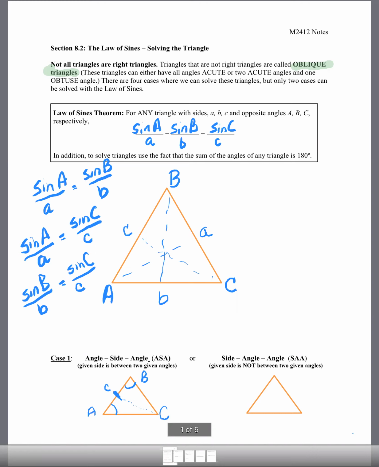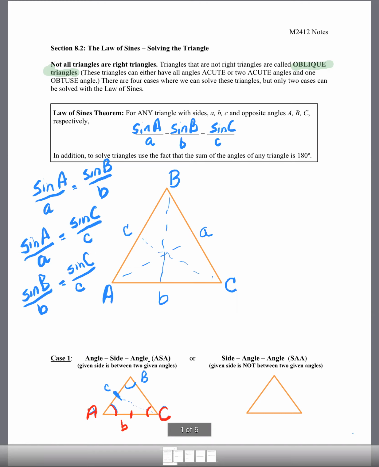Now, it didn't have to just be this version. Let me change colors here and show you. You could have also said, what if A is the angle I know, and let's say I know angle C. Well, what's the side in between angle A and angle C? That would be right here, and that would have to be side B.